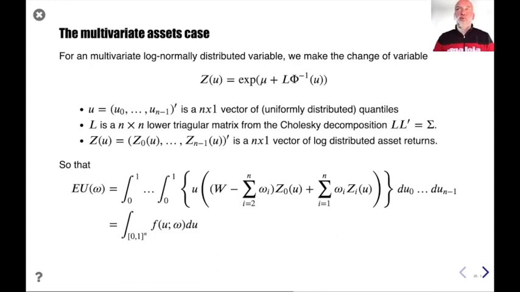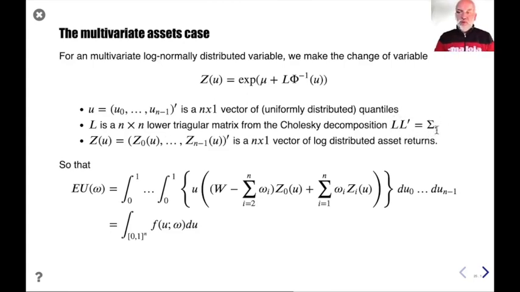How do you take the square root? Well, we'll do something called a Cholesky decomposition. That is the generalization of the square root, in the sense that L here is a lower triangular matrix from the Cholesky decomposition, L times L prime equal to sigma. You can verify that the variable transformed this way has variance covariance sigma and expectation mu.